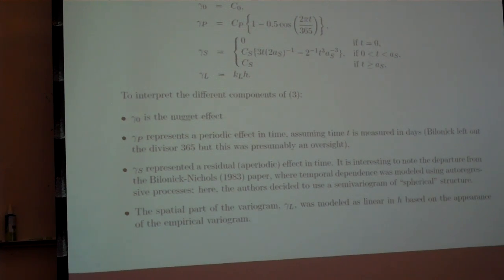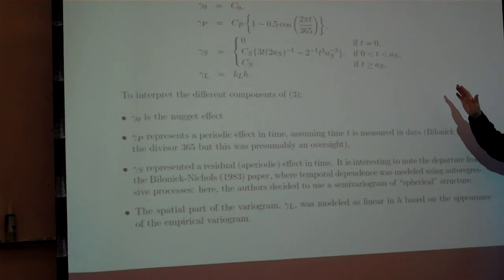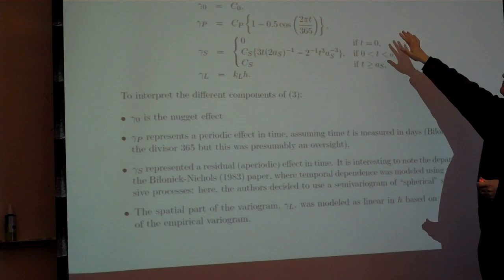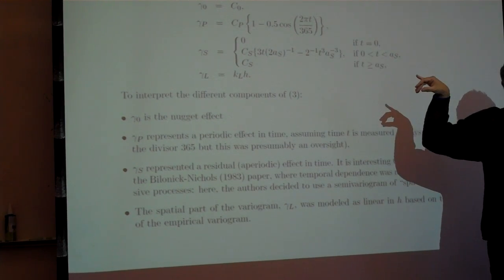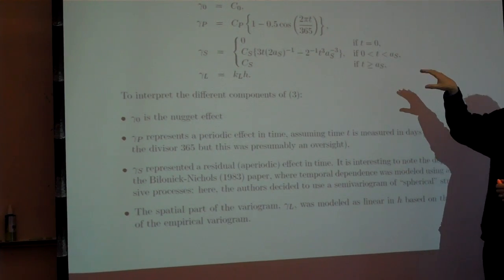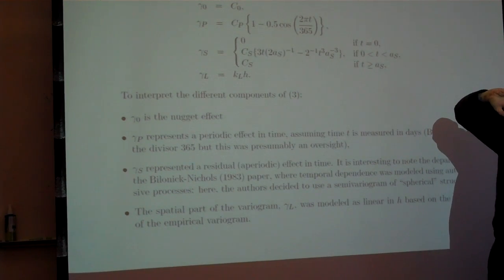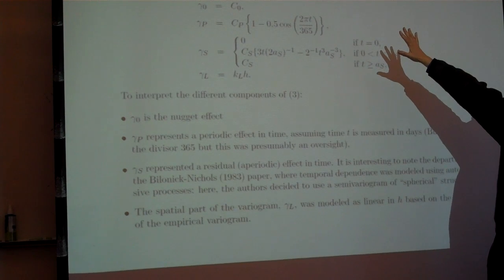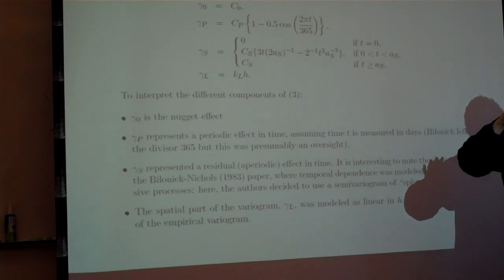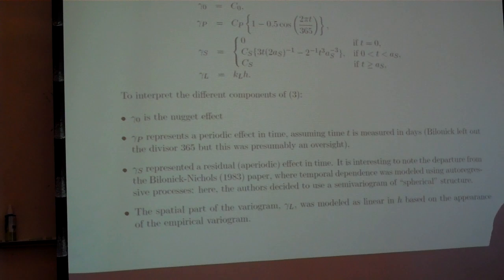Gamma s is the aperiodic part of time. Gamma L is the spatial variogram, and in this case there's no term that involves both space and time. For this particular data set, they found that they could just add up the spatial effects, the short-term temporal effects, and the seasonal temporal effects.